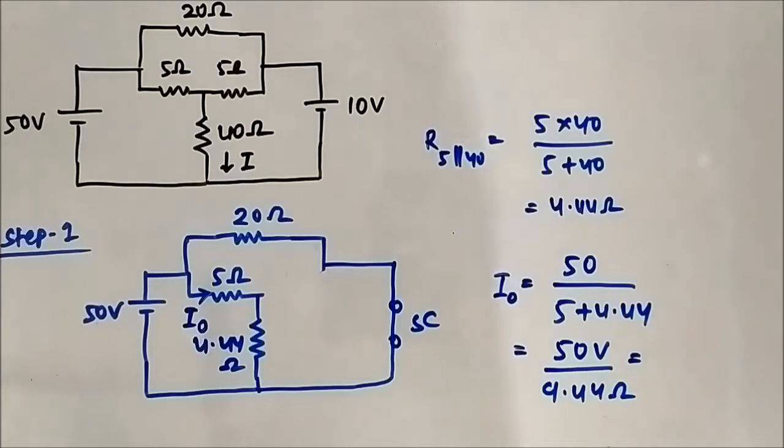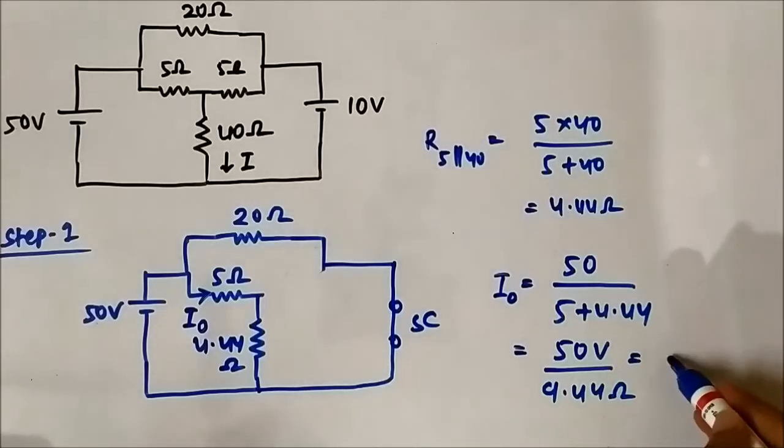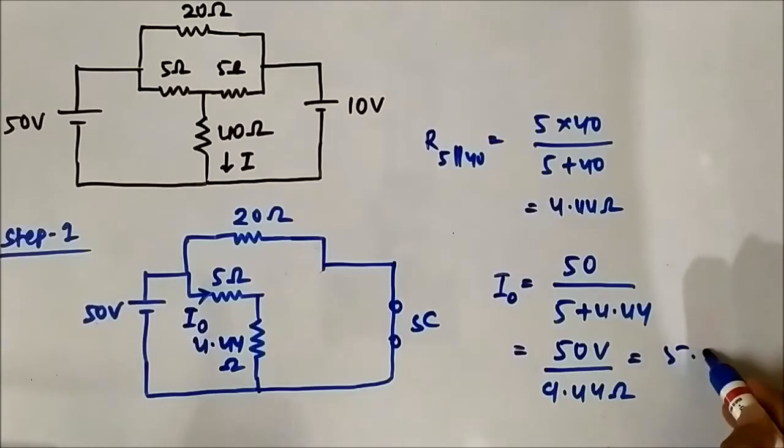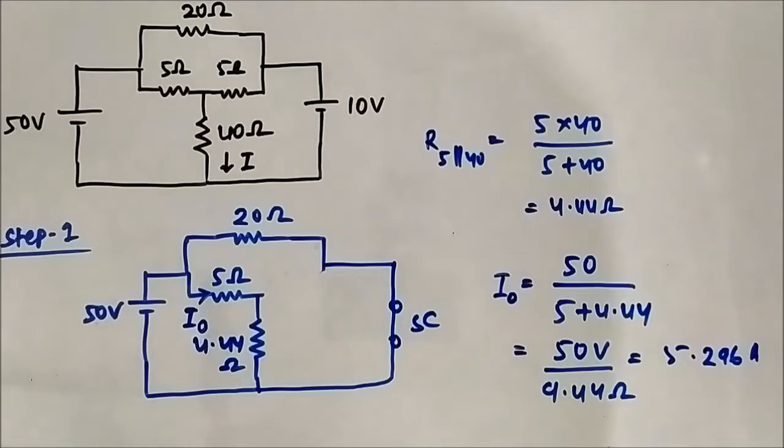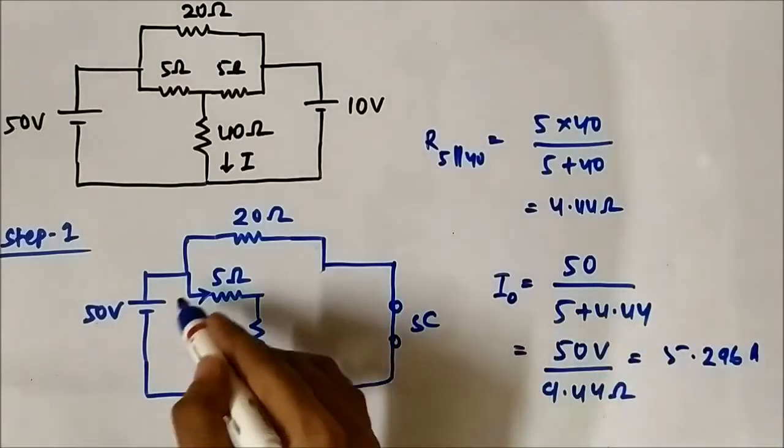Let me calculate, it is coming as 5.296 ampere. So we have got this current.